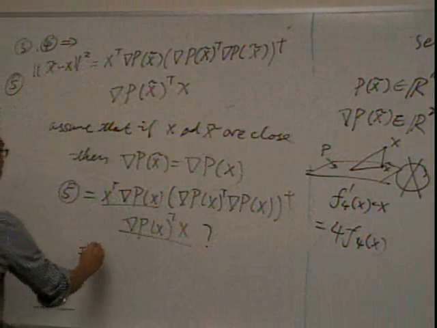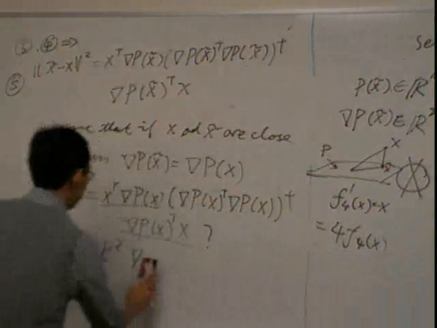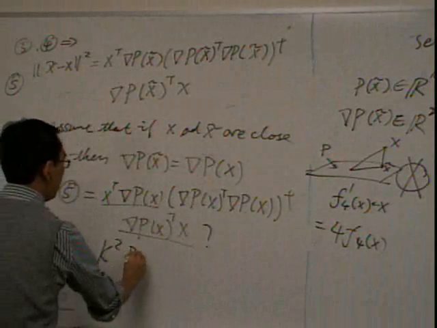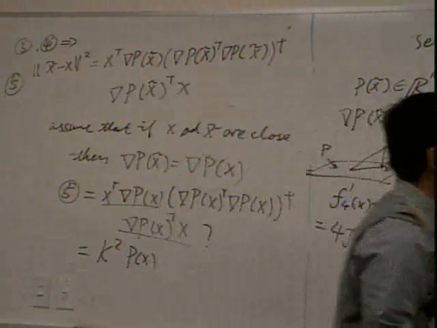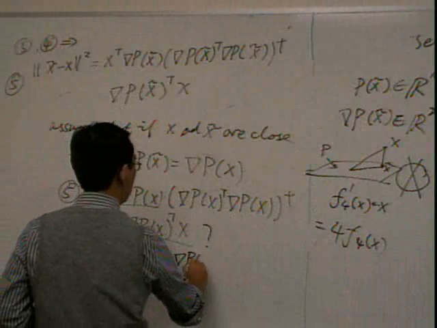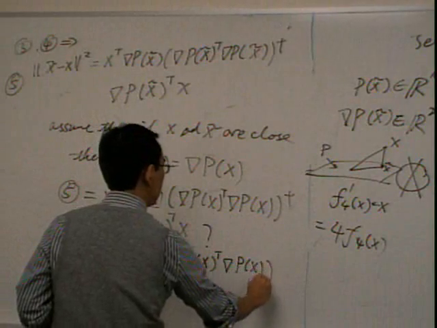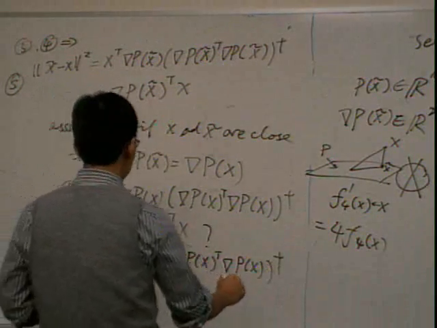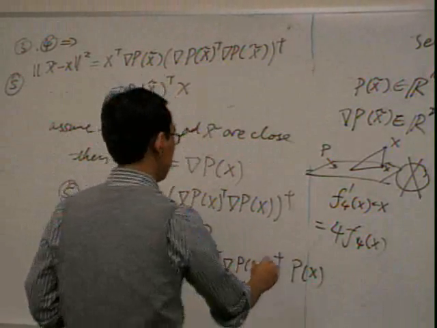So this is equal to k times P of x. I want to be correct. P of x, yeah, exactly. But you still have to compute this guy, unfortunately. The pseudo inverse times P of x transpose, right?